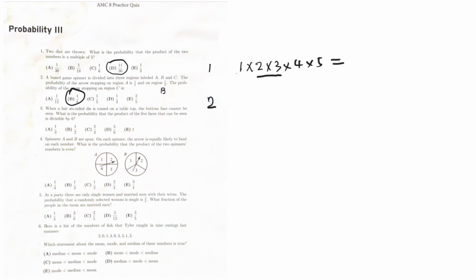So they are all divisible by 6. So we just have 2 cases. Case 1, 6 on the bottom. Case 2, 6 not on the bottom. So what's the probability? Both cases are divisible by 6, so the answer is 1.